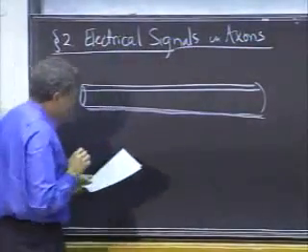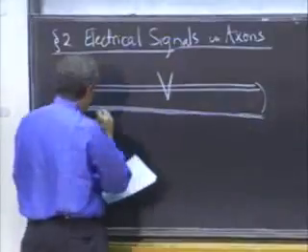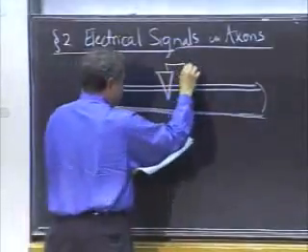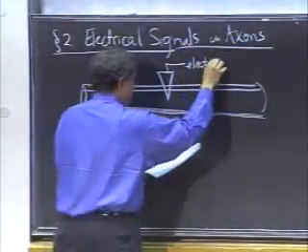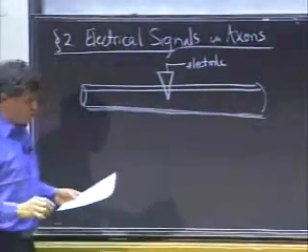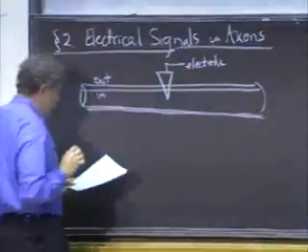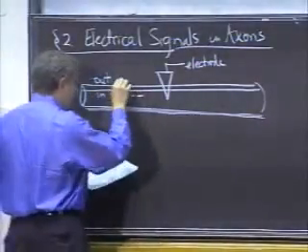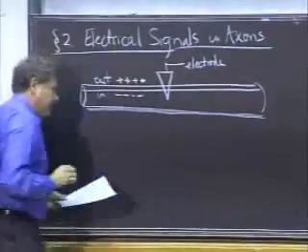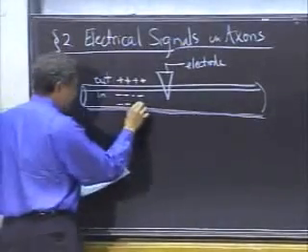That's the lipid bilayer. Turns out if I stick an electrode into an axon and I measure the voltage gradient from the outside of the cell to the inside of the cell, I'm going to find that the inside of the cell is negative compared to the outside.